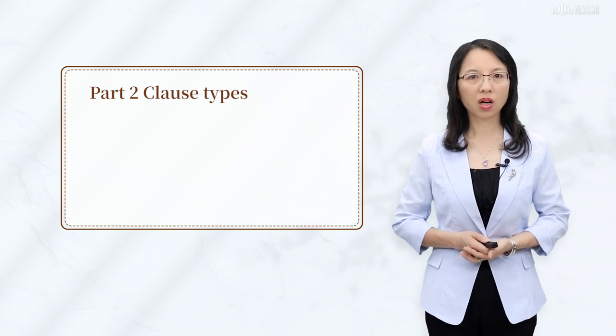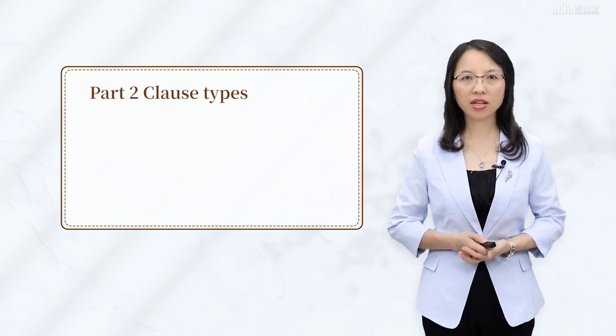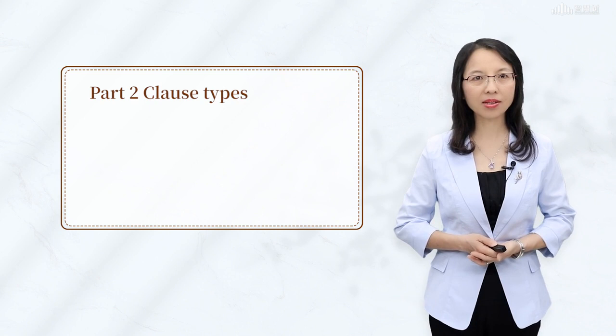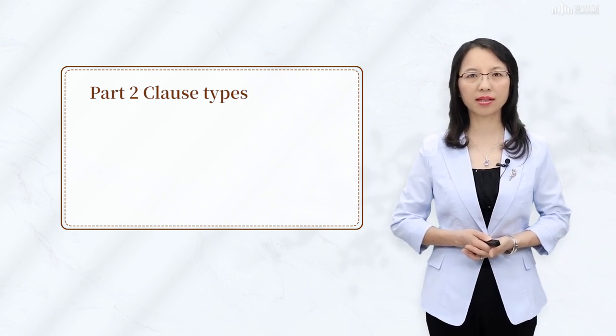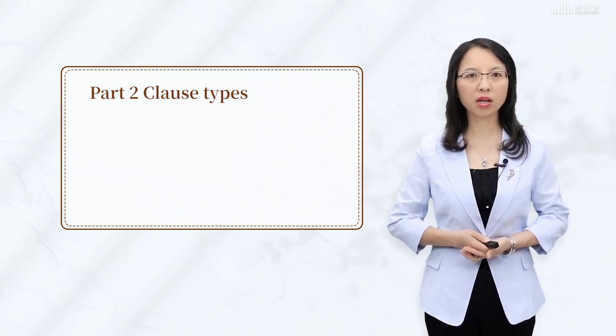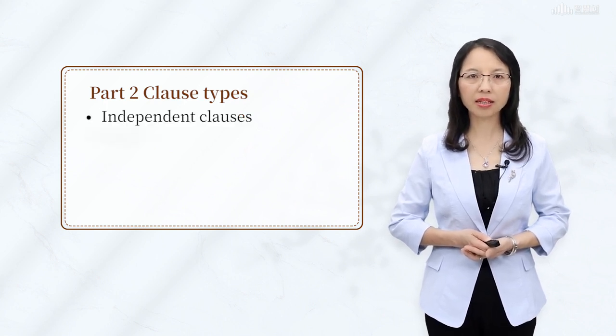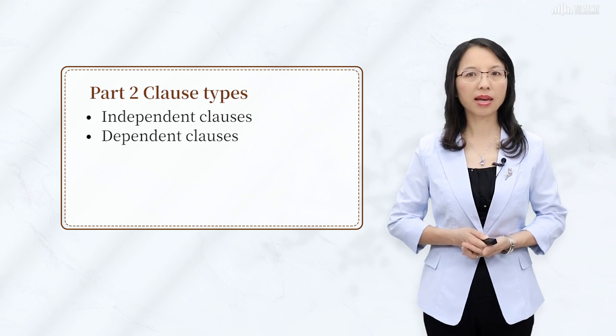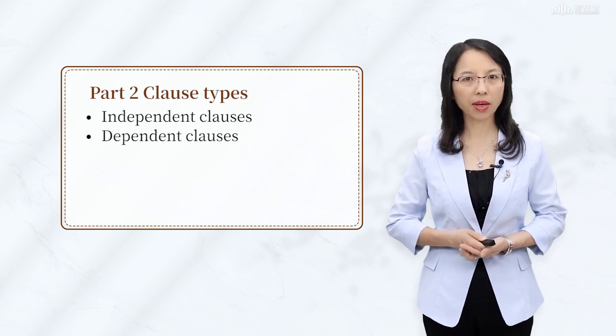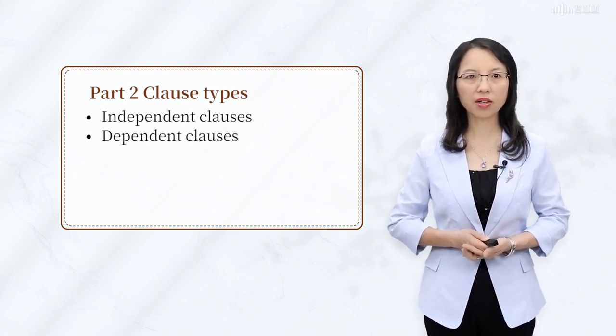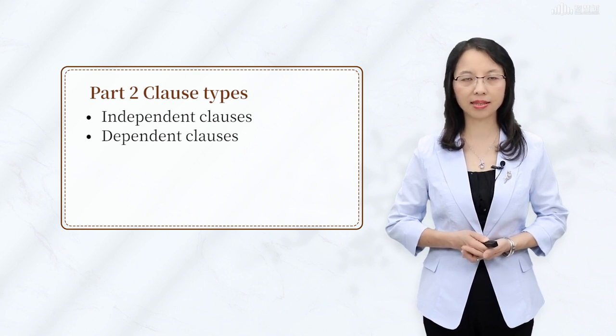Part 2. Clause types. We have just learned that the building blocks of a sentence are clauses. According to their structure, clauses are of two types, independent and dependent clauses. Now, let's focus on dependent clauses and their functions in complex sentences.